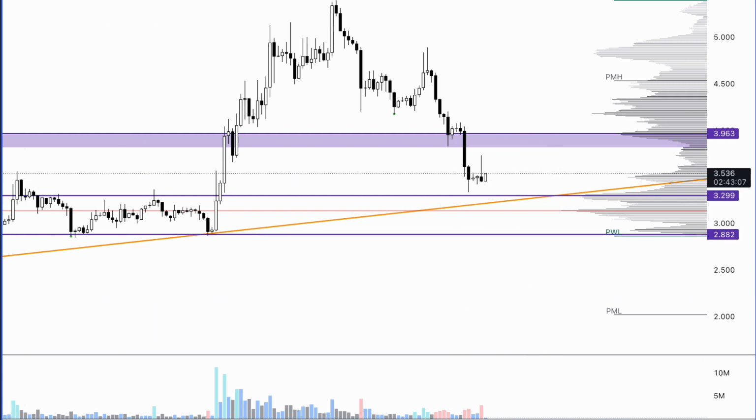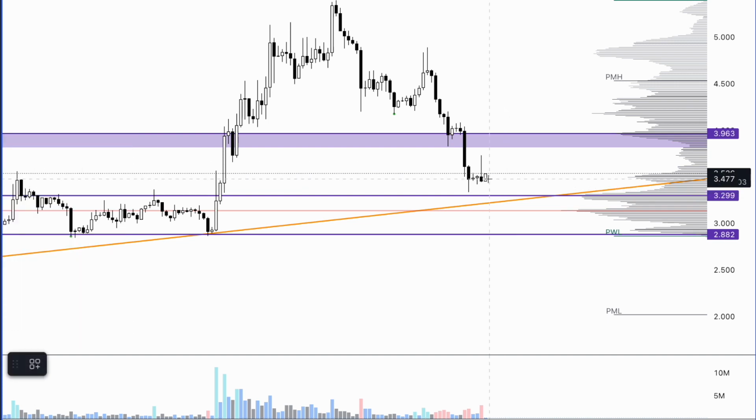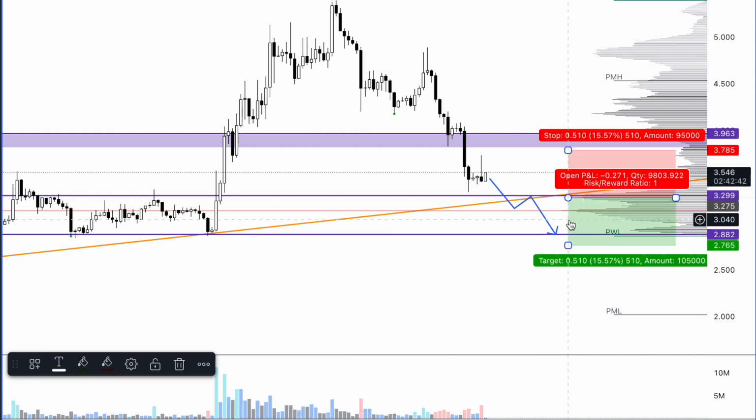I think if we do something like this, then you're really looking at, you've got to watch this 3.1. So I'd be looking at something along these lines, right?